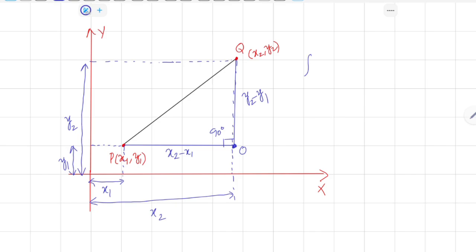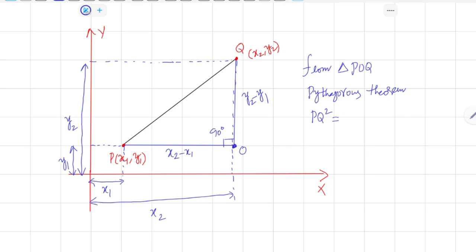Now, from triangle POQ, we know that according to the Pythagoras theorem, we can write PQ square, which is the square of the hypotenuse, is equal to the sum of the squares of the remaining two sides.